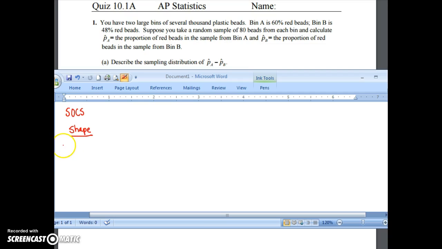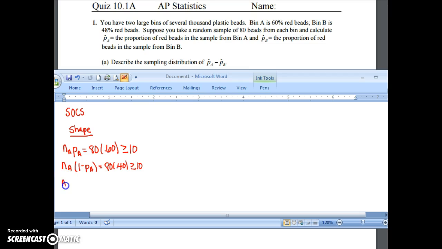So we're going to have to multiply the sample size from bin A times the proportion of red beads from bin A. So that would be 80 beads taken out of bin A, and they said that 60% of them are red, and we want to know, is that greater than or equal to 10? And yes, that would be. Then you do the same thing with the sample size from bin A times 1 minus that proportion, so 80 times 40, and is that greater than or equal to 10? And the answer is yes.